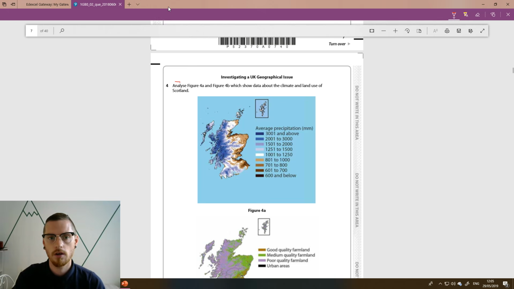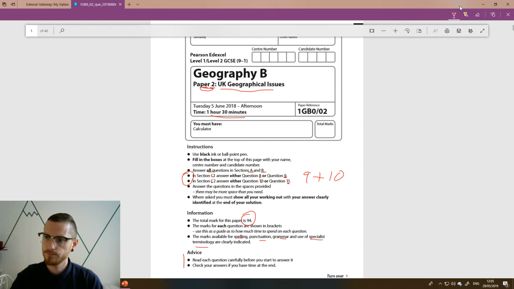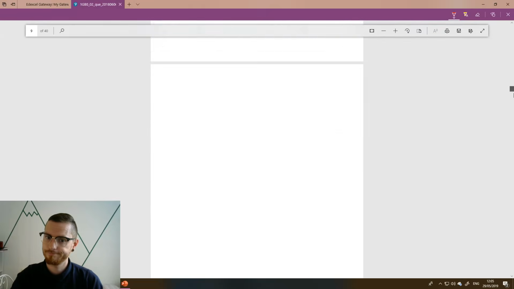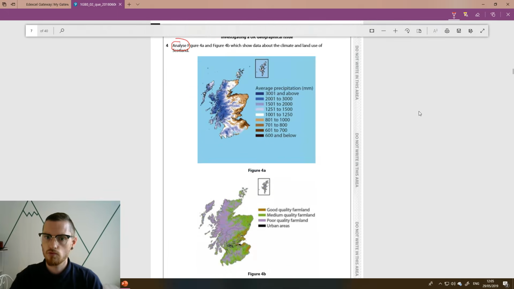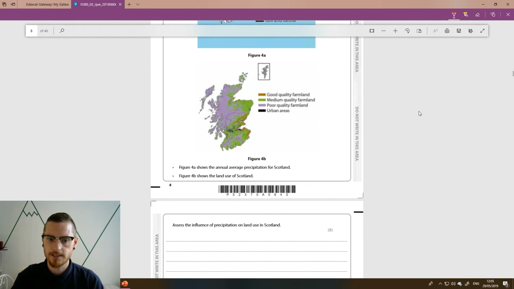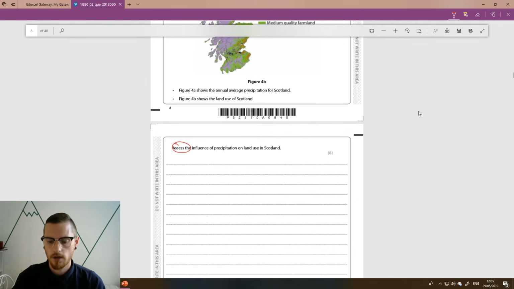So first off, let's circle our command word, analyze, and then let's scroll down a little bit and you'll see that the exam question comes after and says assess. So this is what I mean by analyze and assess questions. You can see it came with a resource. There it is. And underneath, I'm going to underline the key geographical phrase, which is about precipitation on land use.